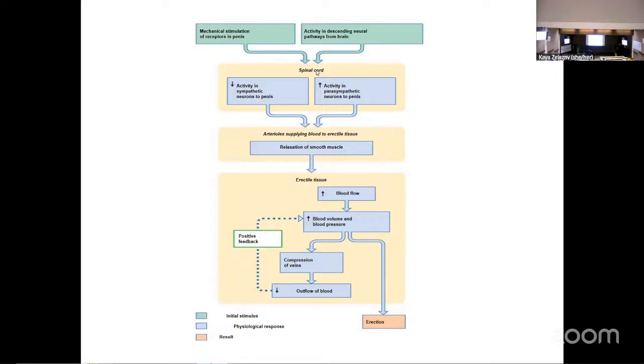Okay. So for erection to occur, what's happening with these stimuli for arousal is they're going to start suppressing sympathetic activity, and they're going to start raising up the parasympathetic innervation to the penis. Okay. And this matters because the change that happens is going to be in the blood vessels. So the way that erection happens is basically that we're trapping blood flow in the penis, right?